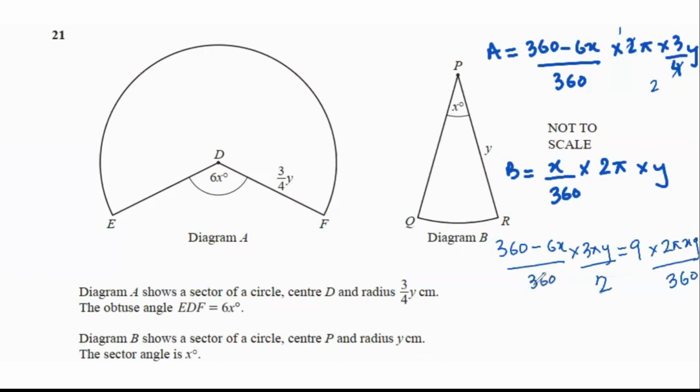So we know that the 360 is going to get cancelled out. The pi is going to get cancelled out. The y is going to get cancelled out.